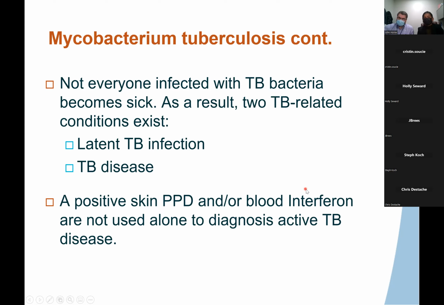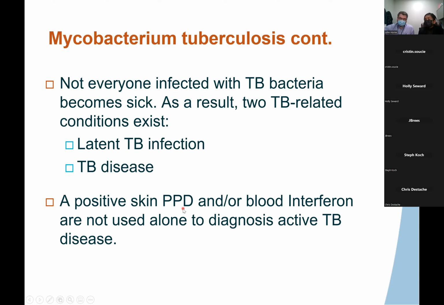A positive skin test, a PPD, and/or a blood interferon gamma release assay, is not used alone to diagnose active TB. So if you think someone has active TB, and they had a skin test that was non-reactive, or a QuantiFERON, an IGRA, that was negative, you wouldn't say, oh, they don't have tuberculosis, because that wouldn't be the recommended way to check for active TB.